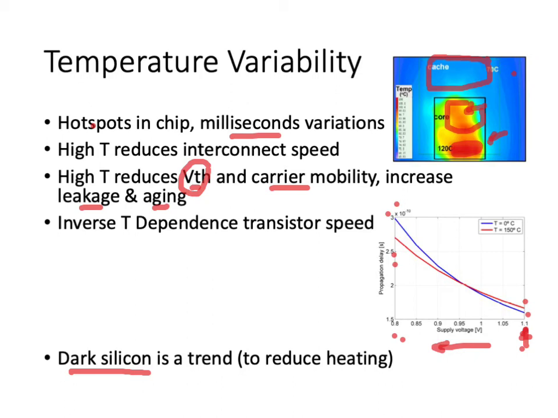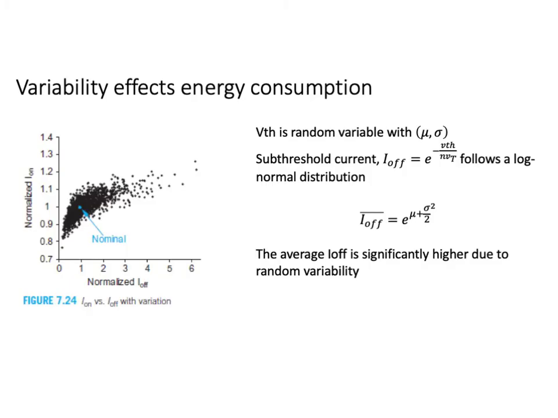This renders them dark, or unpowered, and it is becoming a trend to operate most ICs with maybe 50 to 70% of the chip powered down, to avoid the leakage current and to reduce the heating associated with them. Again, heating increases the leakage current, which is power loss to no useful work, and it also increases the severity of the aging problem, which we will discuss next, which is a problem of reliability.